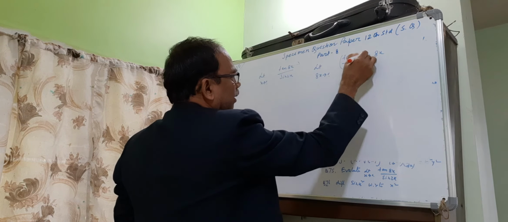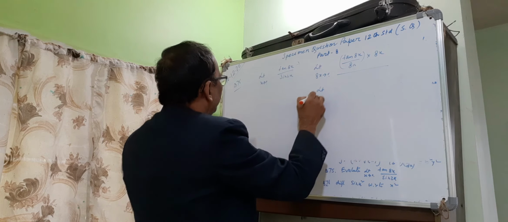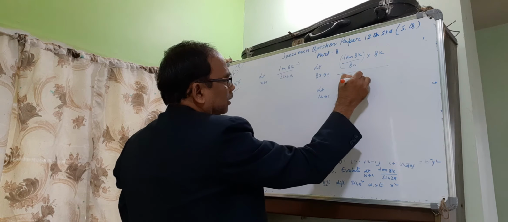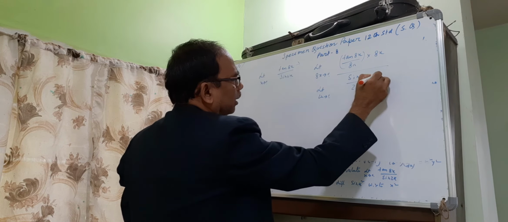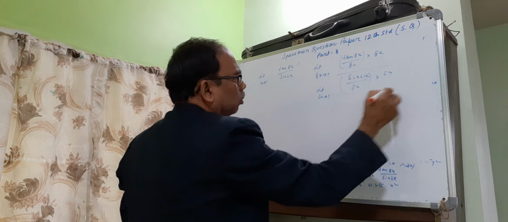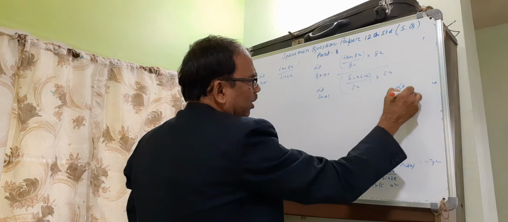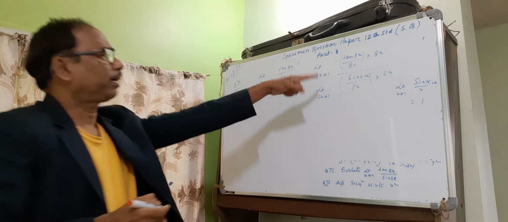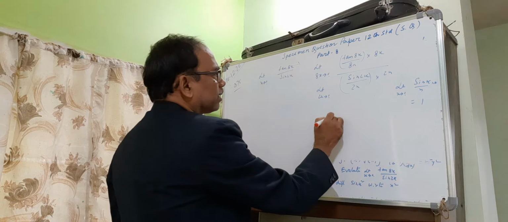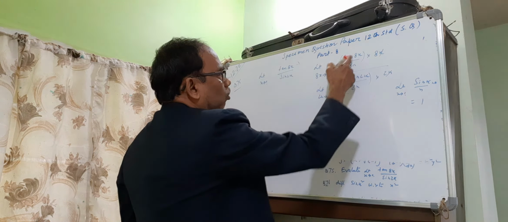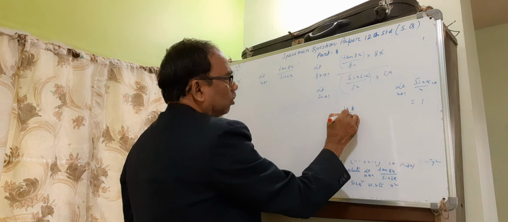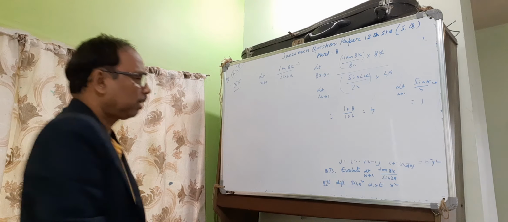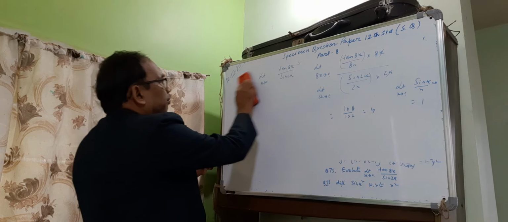Again, limit x tends to 0, that is 2x tends to 0, sin 2x by 2x into 2x. You know, limit x tends to 0, sin x by x value is 1 and tan x by x value is 1. Therefore, x cancels, 1 into 8, 1 into 2, so the answer is 4. That is the value of the given sum.